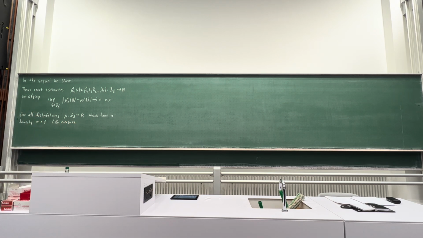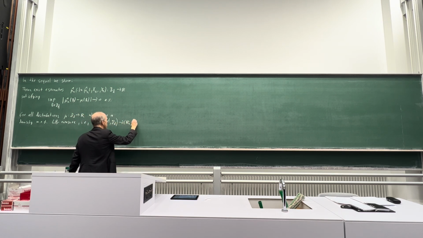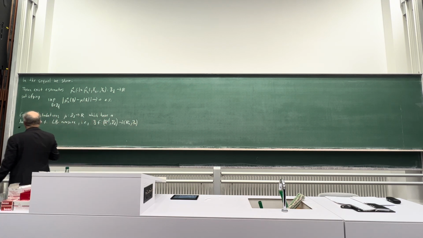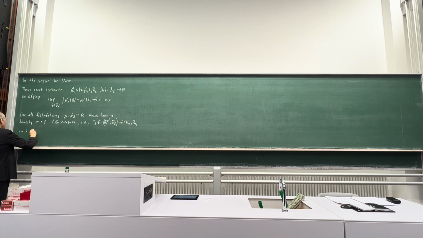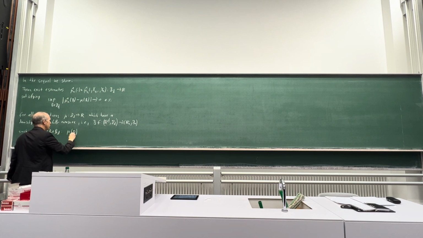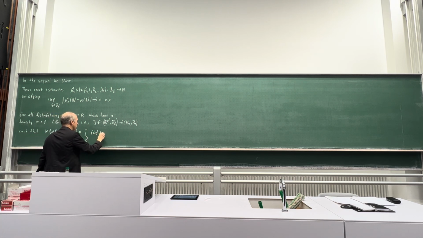And that means that you have some measurable function f such that for all B in the Borel sets, mu of B is the integral over B of f of x dx.